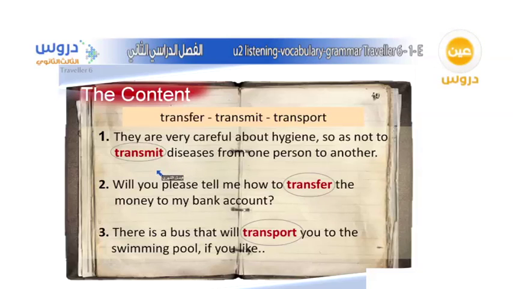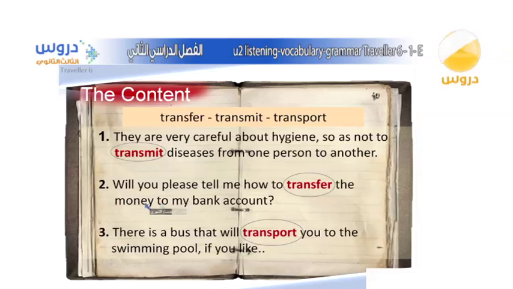Flu is a disease, for example. You need to protect yourself as the seasons change from summer to winter, or from winter to any other season, so as not to transmit diseases to others if you are getting flu, for example. The second sentence, will you please tell me how to transfer the money to my bank?